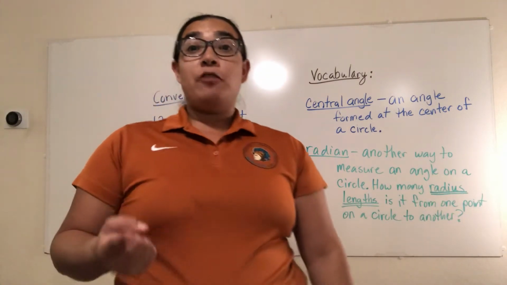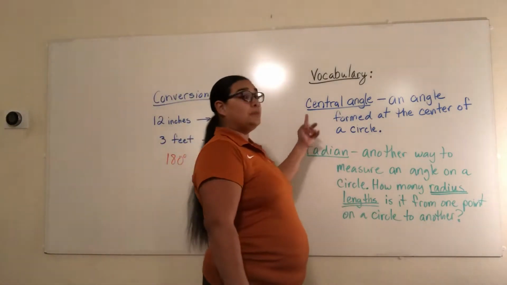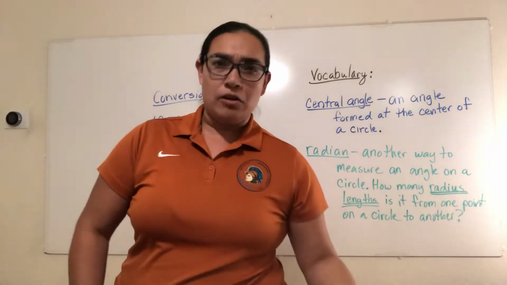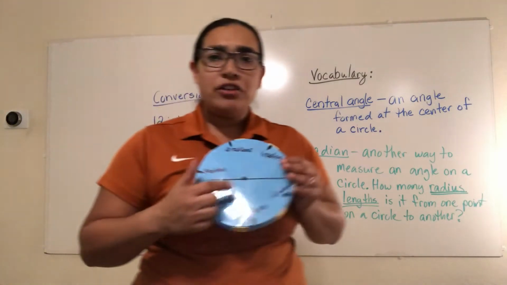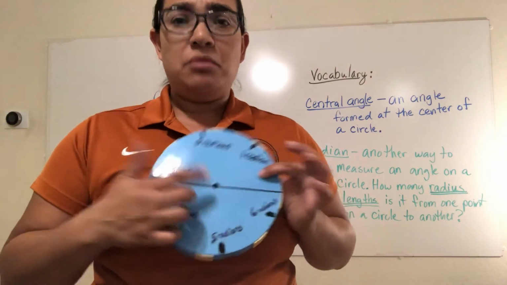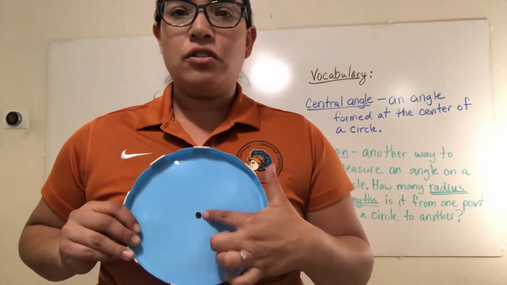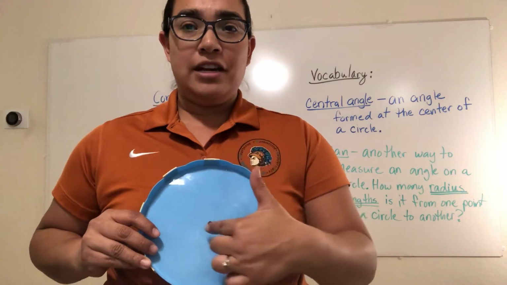Let's talk about some key vocabulary first, because vocabulary is important. First thing is central angle. It is what it sounds like: an angle at the center. If you think of a circle and its center, you could say, from this center of the circle, I'm going to make myself a 90-degree angle.